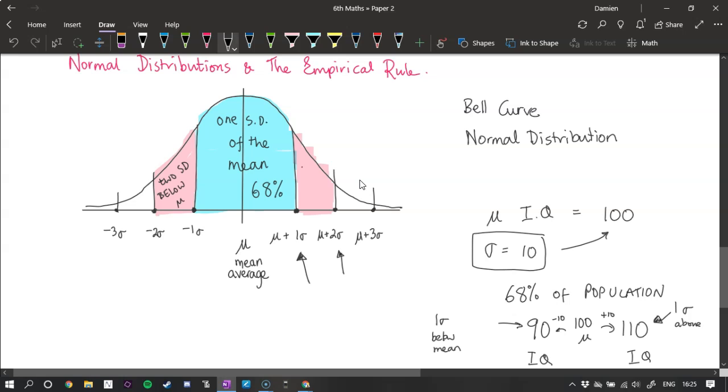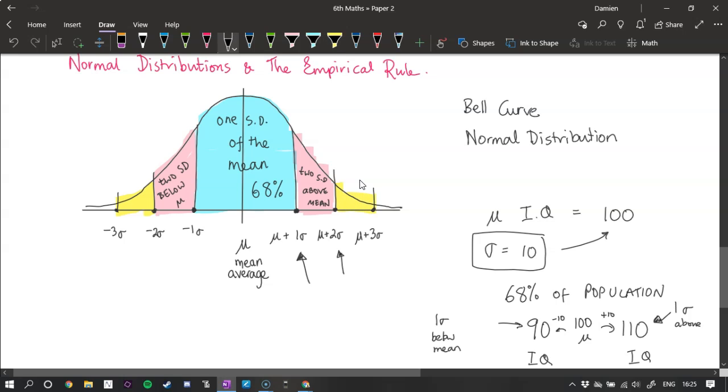This one over here is 2 standard deviations above the mean. And then finally, the last one is in here, in yellow.